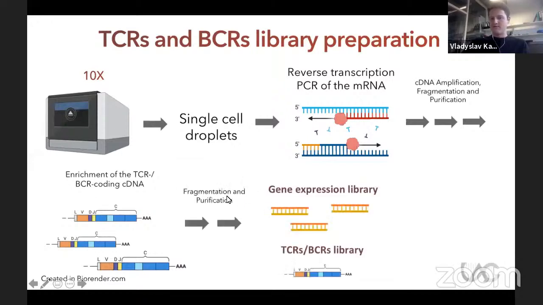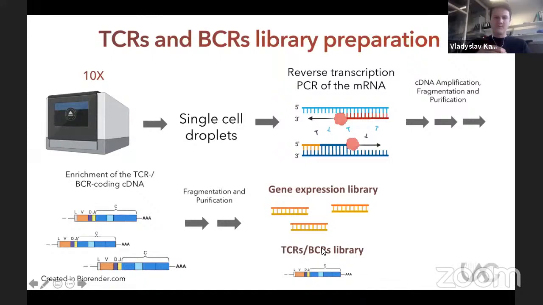And at the end, when you fragment and purify your library, you will get two outputs. One, just the normal conventional RNA gene expression library. And the second one would be the library that contains information about T cell receptors and B cell receptors.